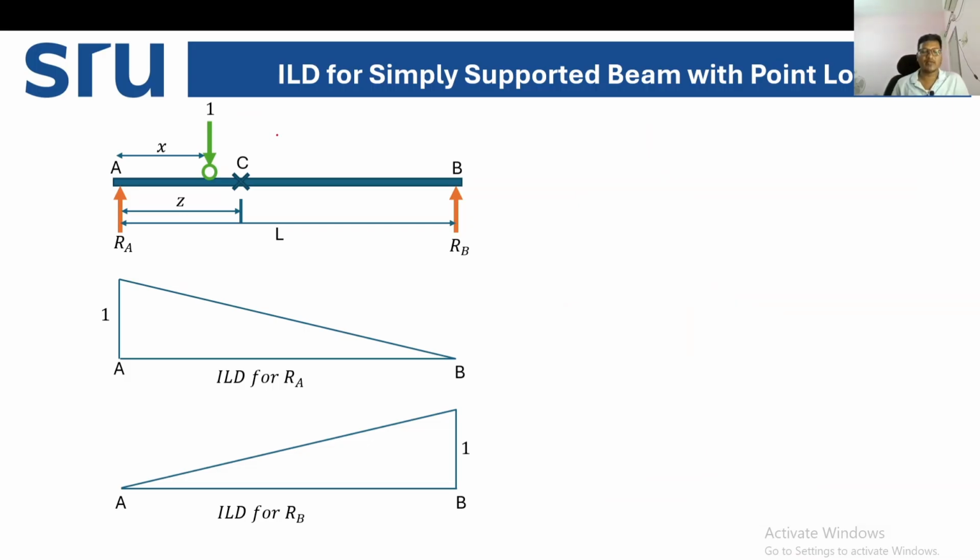Coming to shear force, how can we construct the ILD for reaction at A? Now look into this particular condition. Here is the simply supported beam AB, and the point load, that is your unit load, is at x distance from A. The total length of the beam is L, and we are going to calculate, let's say, at point C, which is at distance z. How do we find the reactions?